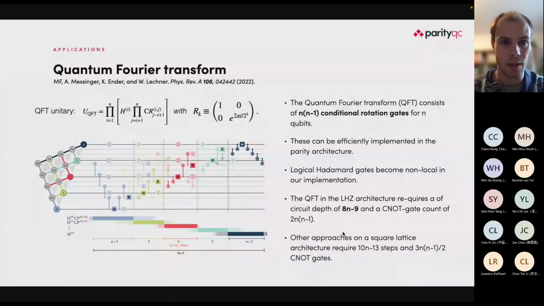One fun fact about that: the most efficient known circuit for QFT on an all-to-all connected device has depth 8n minus 10, and we have 8n minus 9 on a square lattice implementation.